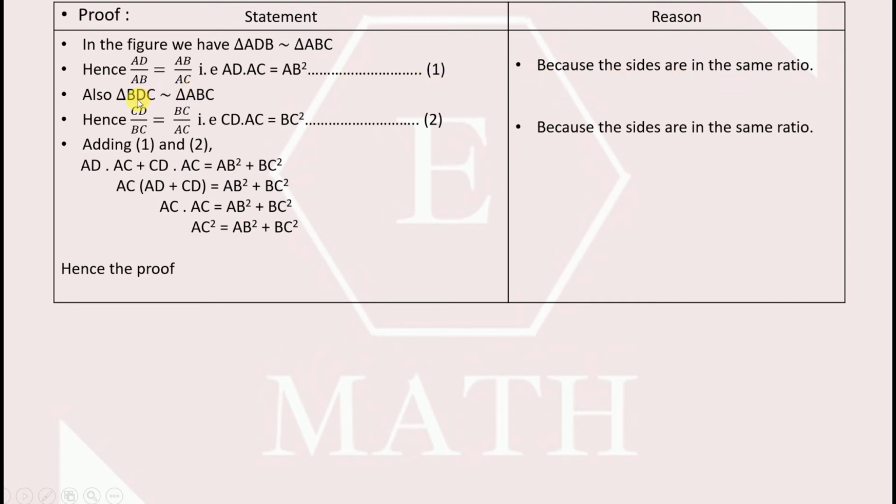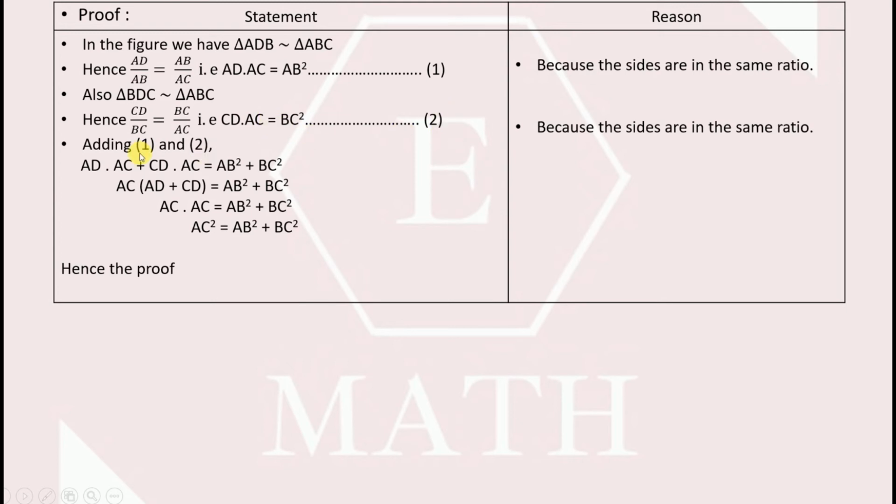In the same way, if we consider these two triangles, triangle BDC and triangle ABC, we see that they are similar to each other, and since they are similar, their sides are in the same ratio. Hence we can write CD by BC will be equal to BC by AC. If we cross multiply, CD into AC will be equal to BC square, which is our equation number 2.